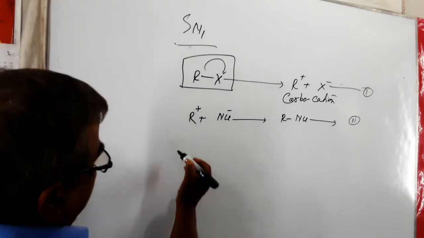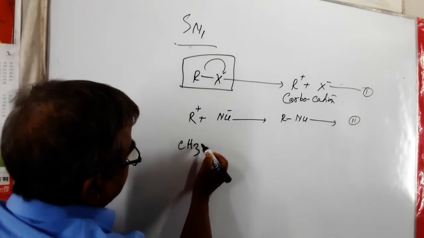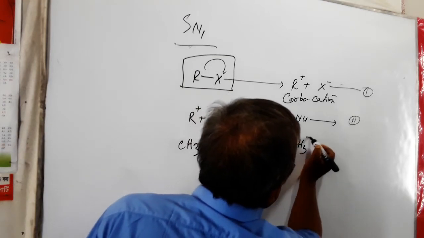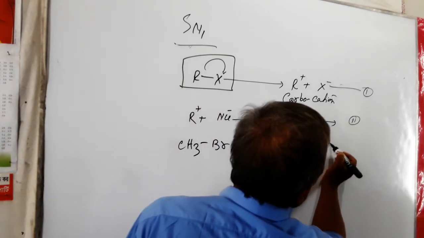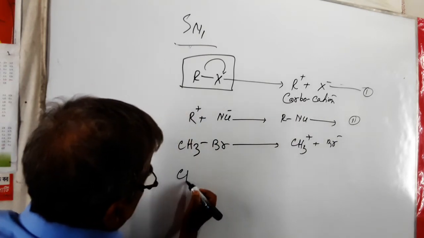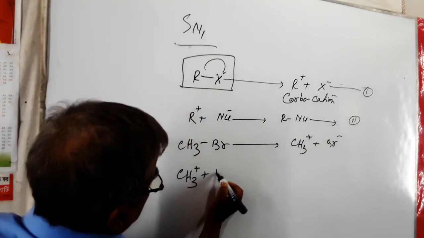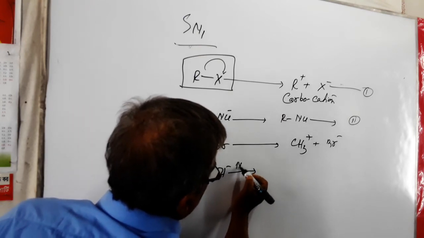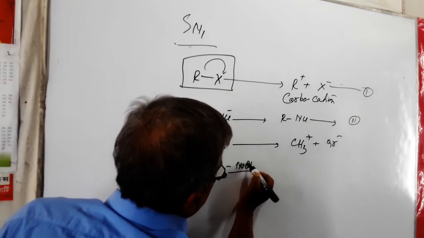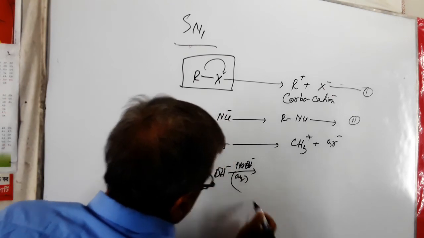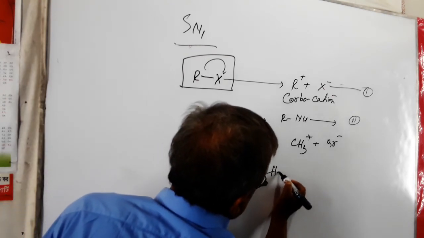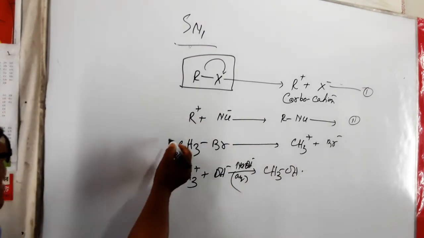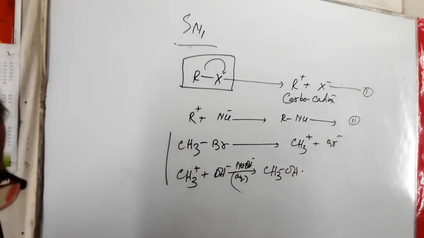As an example, methyl bromide is first converted into methyl carbocation and bromide. This methyl carbocation is attacked by hydroxide, which comes from aqueous sodium hydroxide, forming methanol. This is the SN1 reaction.